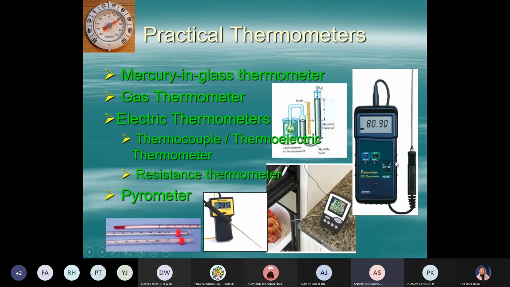Finally, the pyrometer is used to measure very high temperatures, but it's not in your syllabus. I put it here as extra knowledge. In your syllabus, you need to know the first four, the pros and cons.